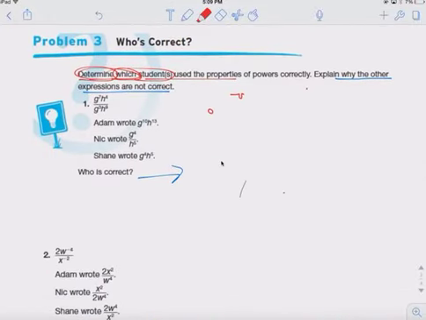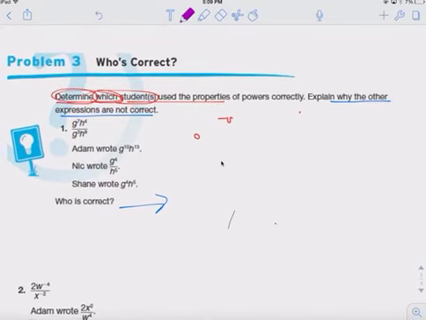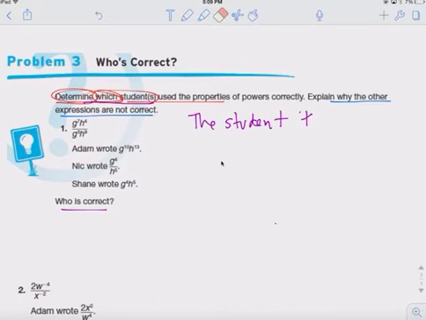Now, who is correct? Period 2, we didn't do this, so who is correct? In this case, we say, explain why the other is wrong. Who is correct? Nick. So determine which student is correct. The student that is correct is Nick.